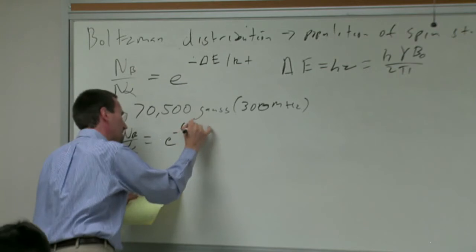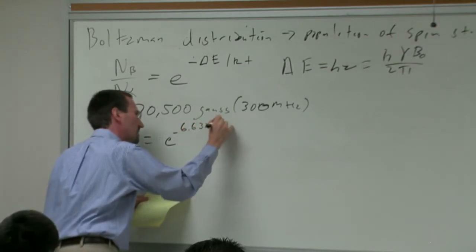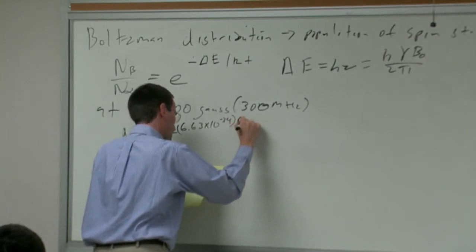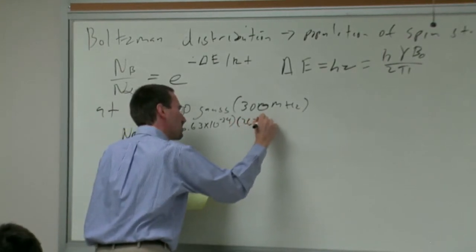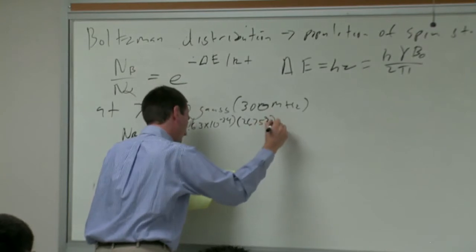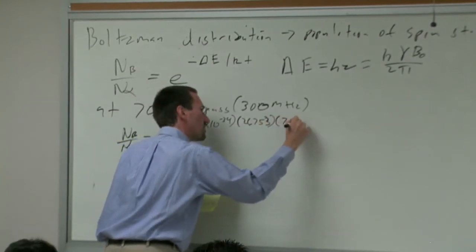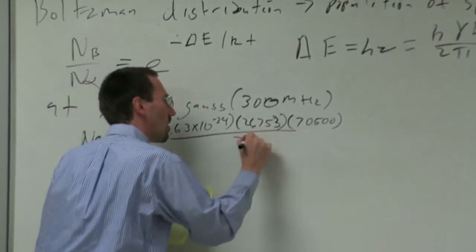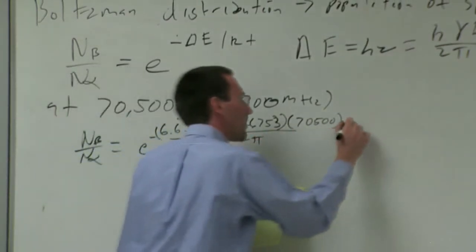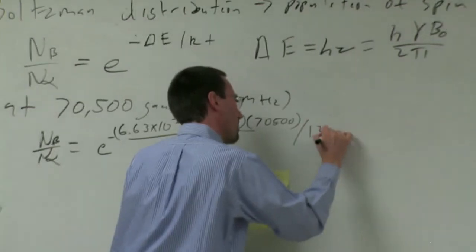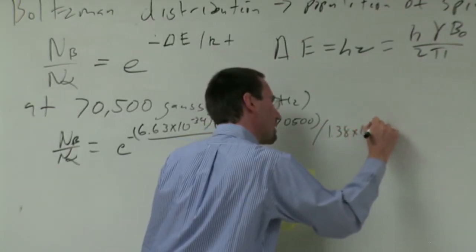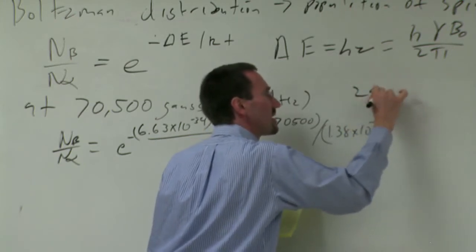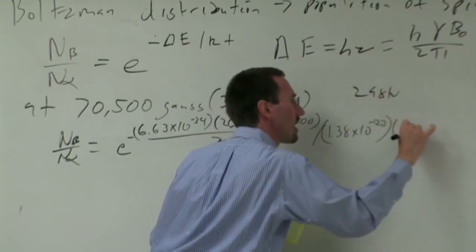And let's plug in: N beta divided by N alpha is equal to e to the negative 6.63 times 10 to the negative 34, times the magnetogyric ratio, 26753, times 70,500, the applied magnetic field, over 2 pi, divided by Boltzmann's constant of 1.38 times 10 to the negative 23 times the temperature. Let's say we're at 298 Kelvin, so I say 298 here.